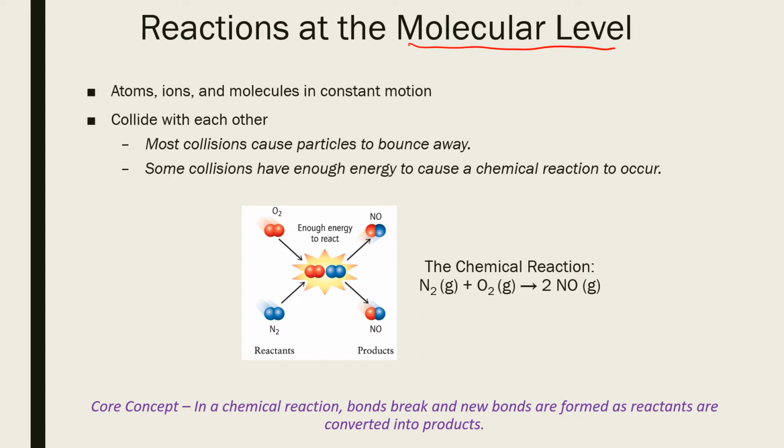When they are moving, for example, if I have a container, and in this container I mix two different chemicals, one green and one blue, they are constantly moving in all directions as shown here. So oxygen and nitrogen gas are there and they are constantly moving randomly.